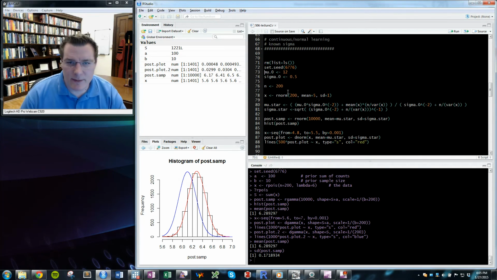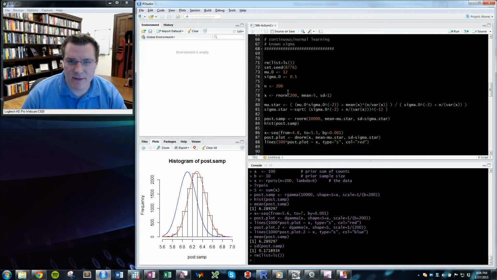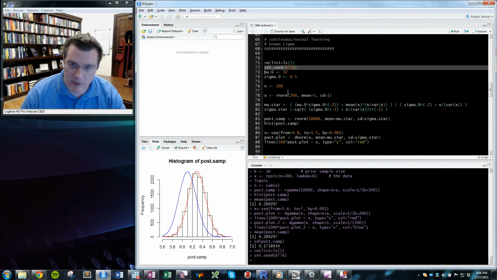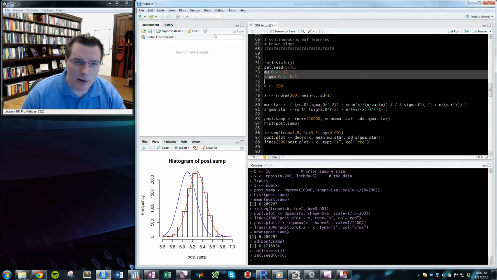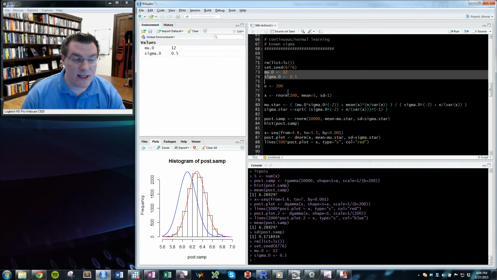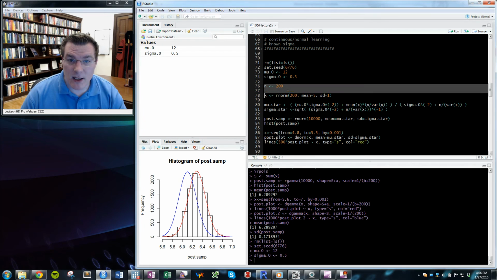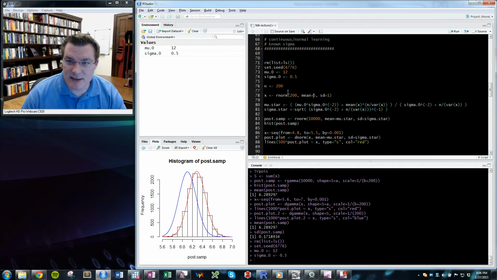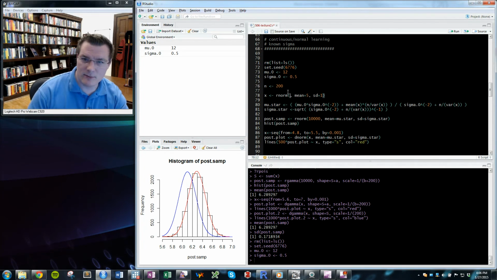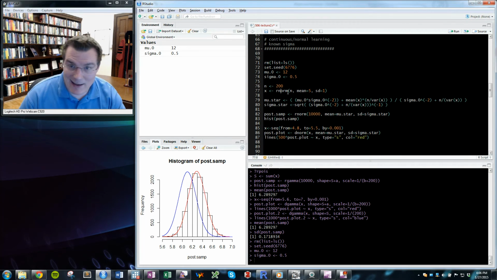And what I've done, I'm going to clear out my old data set here, set the seed once again so results are replicable. I'm going to set a prior mean of 12 and a prior standard deviation of y of 0.5. Then I'm going to draw 200 observations, and actually I just realized I should set that to n since I went ahead and made n a parameter here.